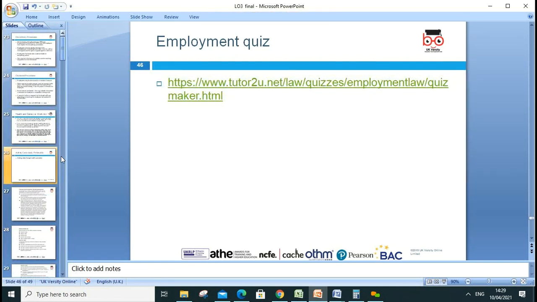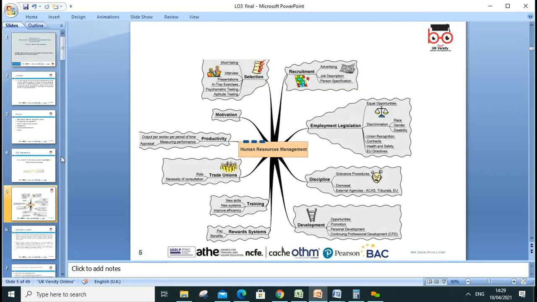So in today's lesson we discussed contracts, employment laws, policies and procedures, and why those are crucial. We discussed major legislation: the Health and Safety Act 1974; GDPR, the General Data Protection Regulation 2018, where the old law was the Data Protection Act 1998 in the UK; and the Equality and Diversity Act 2010, which was updated.